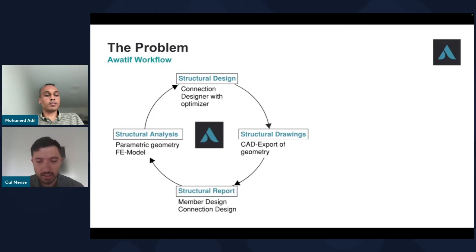So from the FE analysis to the connection design, to the report as well, and then lastly to the export of the geometry. So this wouldn't be possible, obviously, for any type of generic structure. So we have basically focused on one specific type of structure. So in this case, it's a timber truss, which enables us to improve this specific design process.